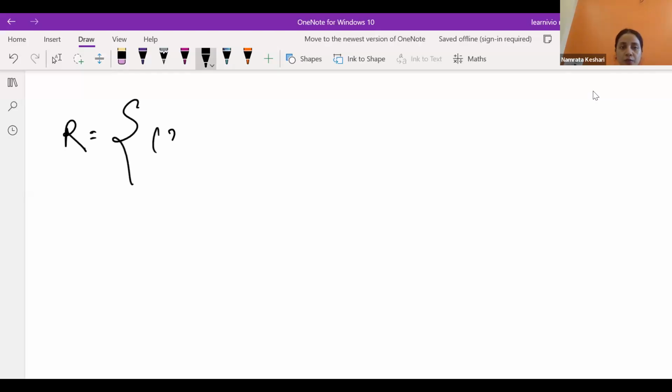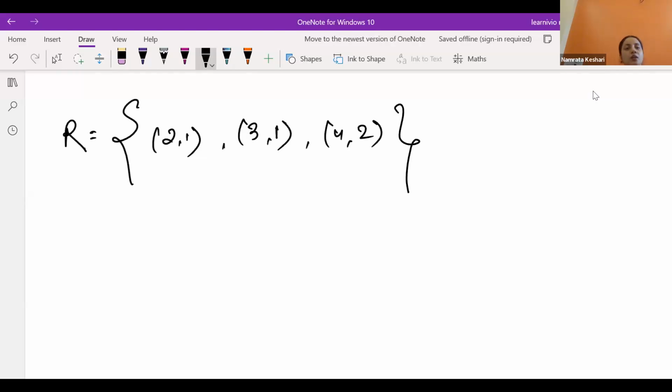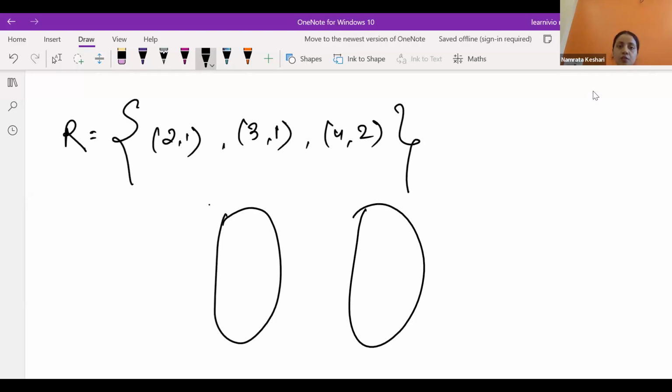Here 2, 1 is there, 3, 1 is there, 4, 2. Either you try understanding from here or you draw the mapping arrow diagram like this: 2 is there, 3 is there, 4 is there. No set is defined. The question is to identify whether the given relation is a function or not.